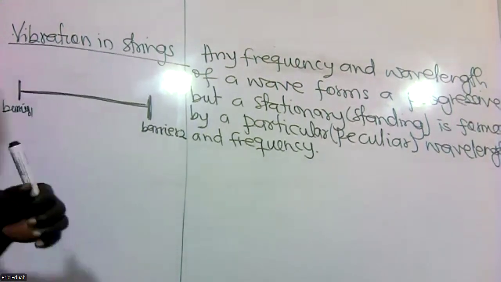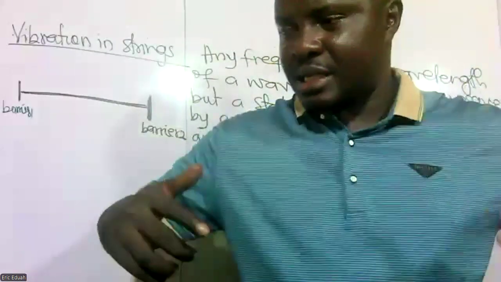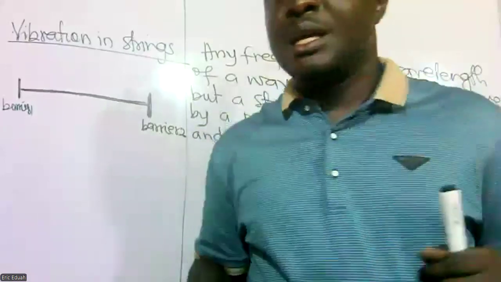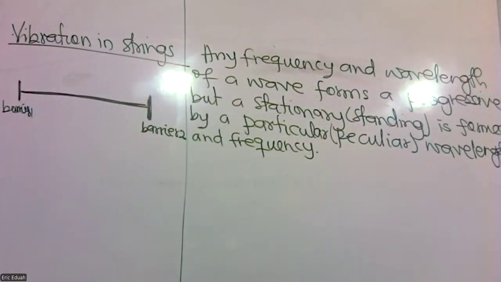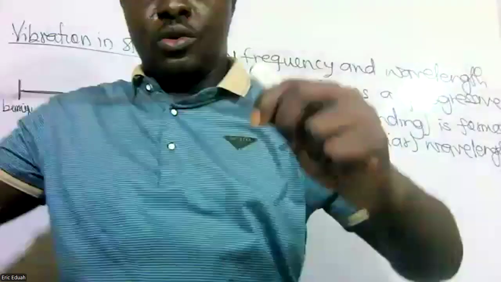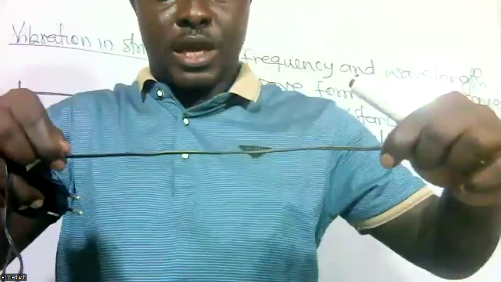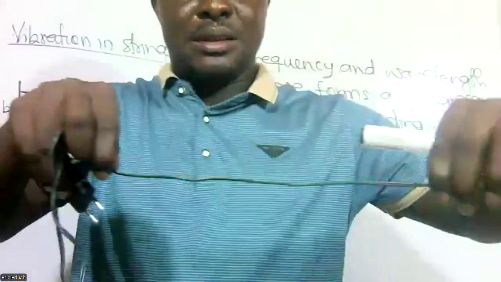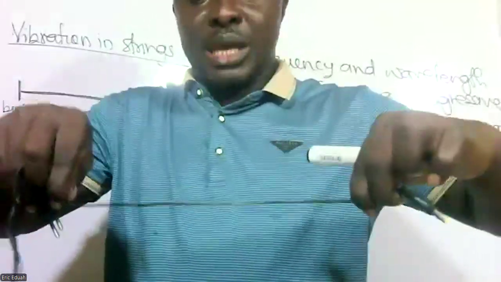Practically this is similar to the guitar strings. Let me improvise something for a proper understanding. Take this cable to be the length of the string, and my two hands represent the barrier or boundary at both ends.